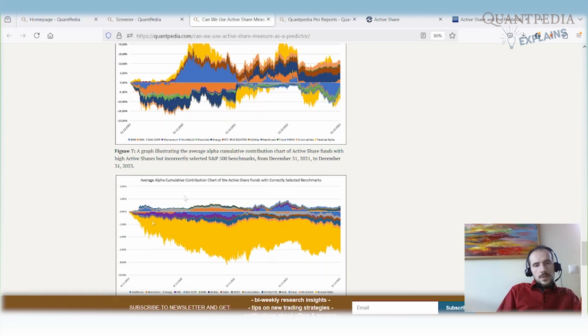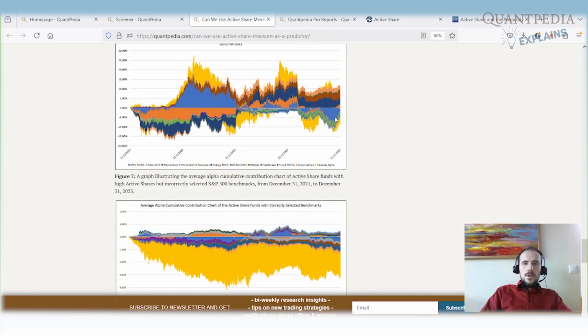We can see that the yellow line, which shows the residual alpha, negatively contributes to the performance. Their factor exposure is plus or minus zero, just the individual stock picking abilities are not very good. On the other hand, for the first group of managers that were buying, I don't know, the small cap stocks, individual stock picking abilities are not important. What is the most important is their factor exposures.